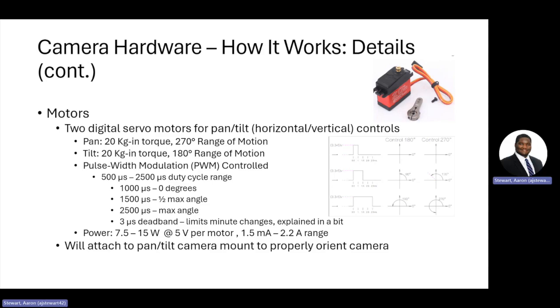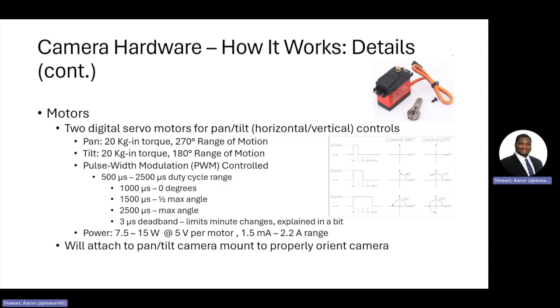Because servos are all in one, they're better compared to stepper motors, where stepper motors are more open loop control. Servos are more closed loop control, where you can actually tell it exactly where you want it to go, and it will use internal feedback and PID and fuzzy logic control to get to the point where you want it to be. So for these servos, they both have a 500 to 2500 microsecond duty cycle range.